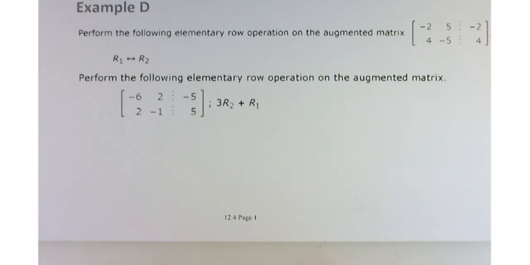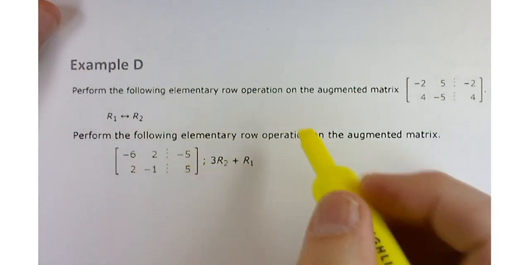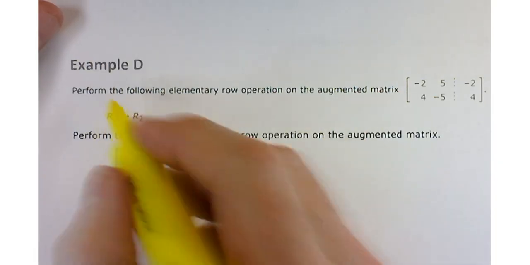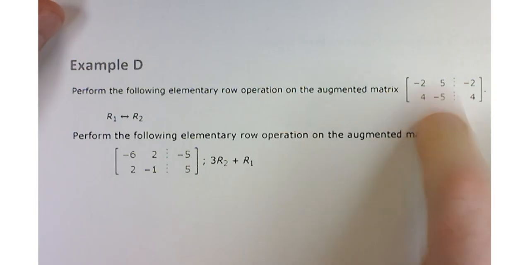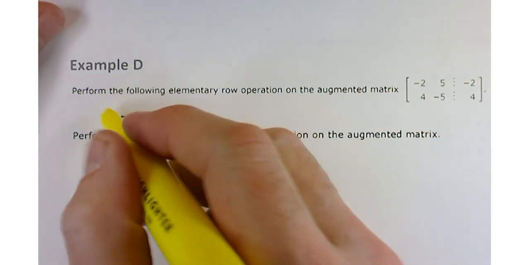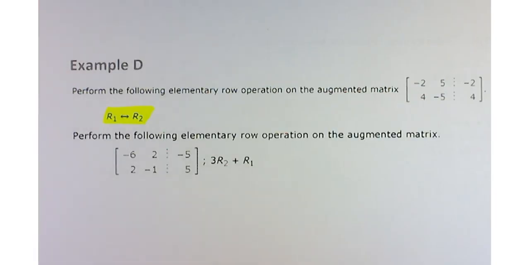So let's look back at our handout and start that practice. Down here with example D. The first part of example D says, perform the following elementary row operations on the augmented matrix. Now this is just a 2x2 system of equations, 2 equations and 2 unknowns. And all they're asking you to do right here is switch the order of these 2 rows.